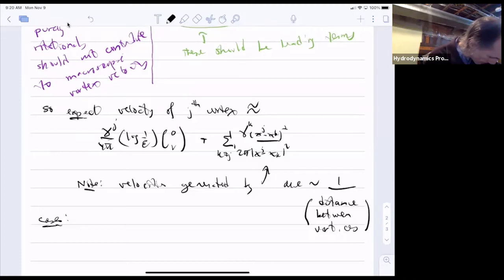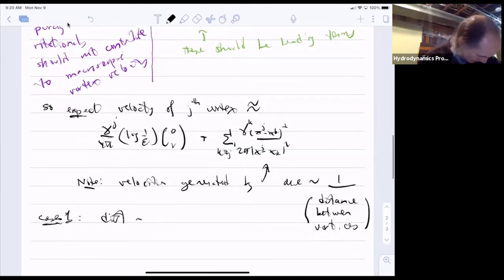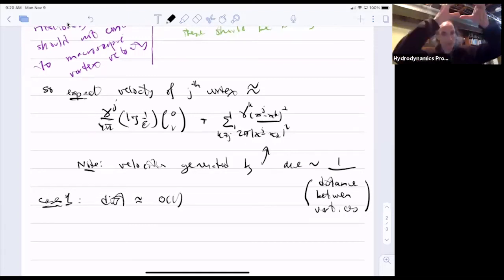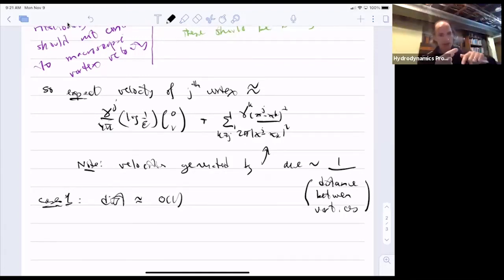So case 1 is if the distance is order 1. And then we can see that the translation velocity is always log 1 over epsilon. They're moving fast. The rotational velocity is very slow.